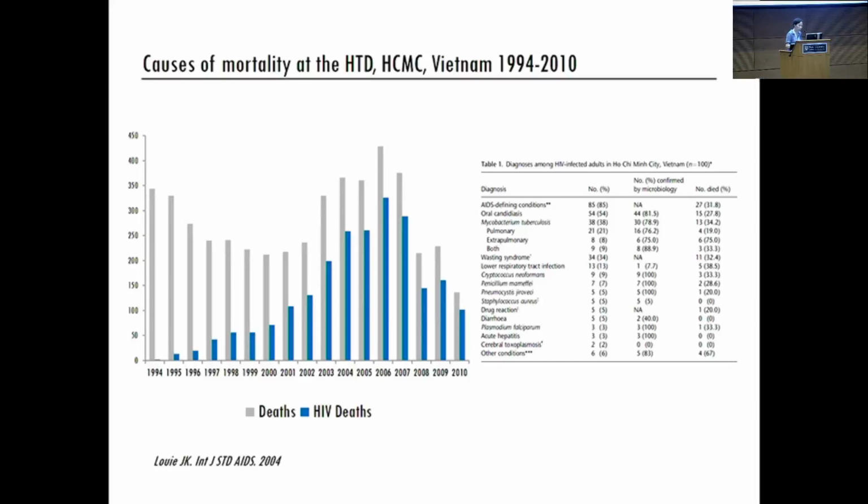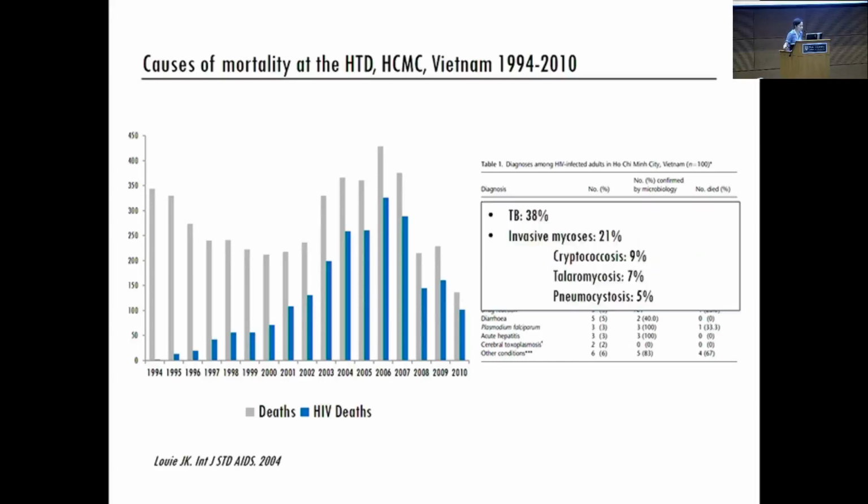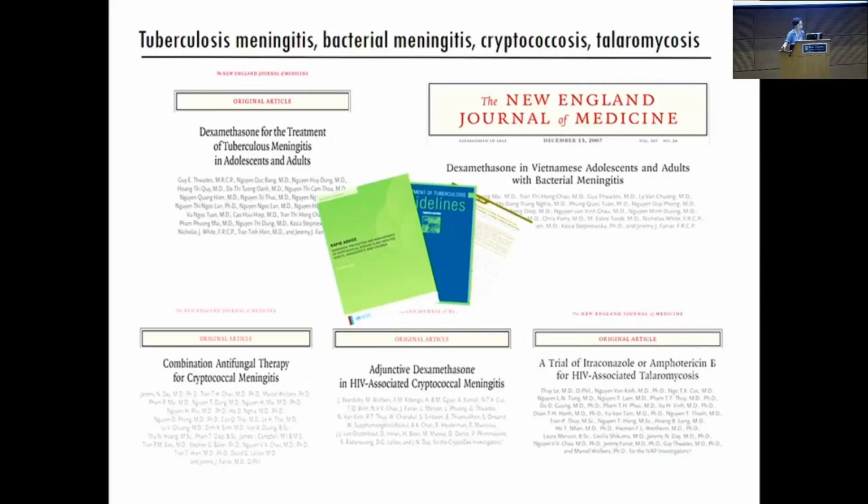And when we look at causes of death, tuberculosis made up nearly 40% of deaths, followed by invasive mycoses. The major three that we see are cryptococcosis, talaromycosis, the previous name is penicilliosis, in case you are not familiar with the new name, and pneumocystosis. These are the major causes of death in our HIV-infected patients.